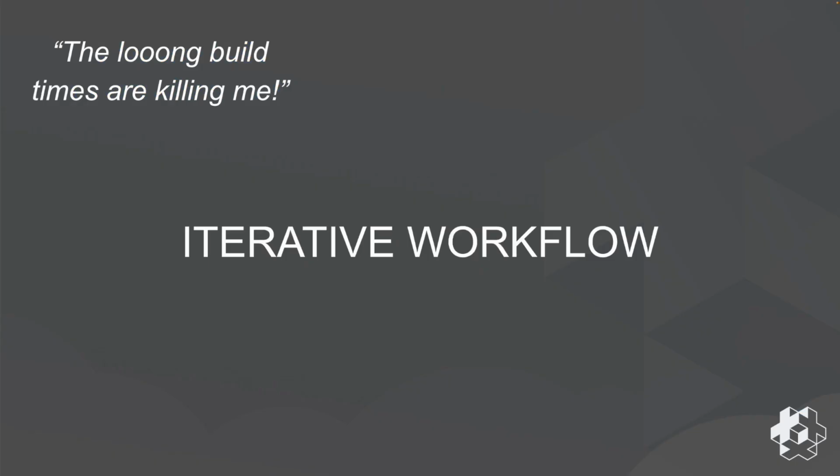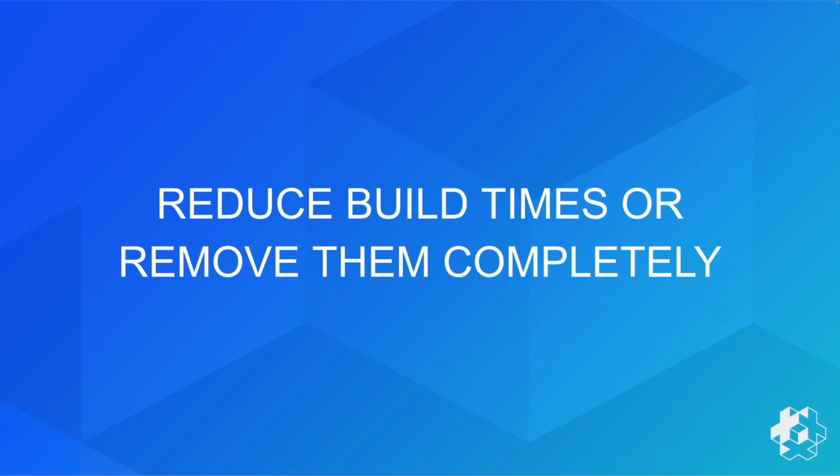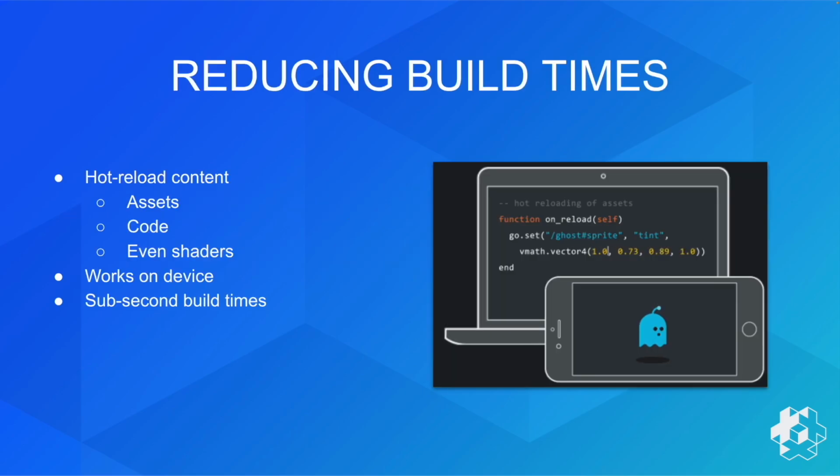And for long build times, we always try to introduce iterative workflows where the goal is to reduce build time or completely remove them. So we have something called hot reload, so you can make changes to assets and code and shaders, and by a key press you can recompile that specific resource, and it will be pushed to a running version of the game on a device or on your computer, and you will be able to see the change basically instantly.